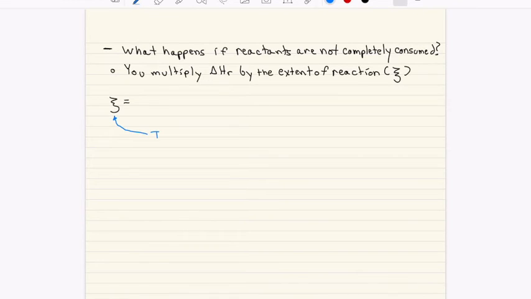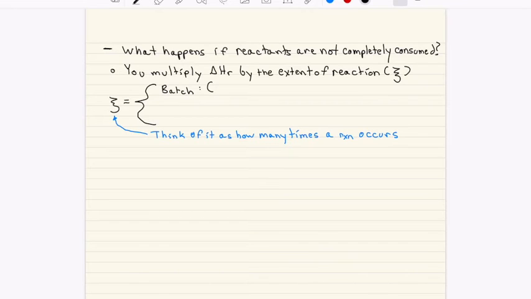So you could think of it as how many times a reaction occurs. And if you remember from chapter 4, the extent of reaction can be defined in two different ways depending on if your system is a batch system or a continuous system.